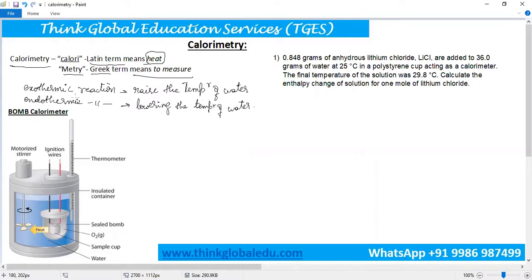By measuring the change in temperature of the water, the enthalpy of a particular reaction can be calculated.